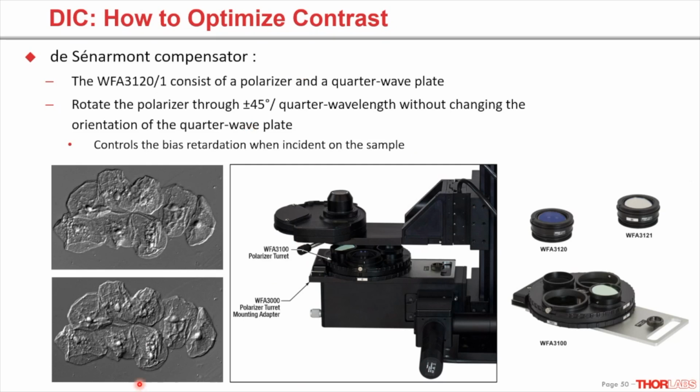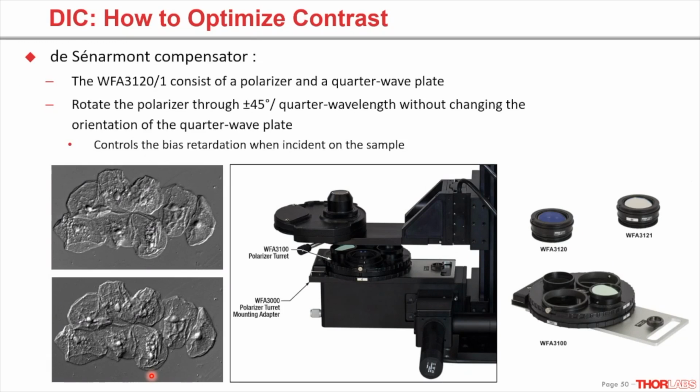And so here you can see what it looks like if you go through the plus 45 degrees and the minus 45 degrees. You can select the direction of the phase shift gradient. So you can select the shear angle.